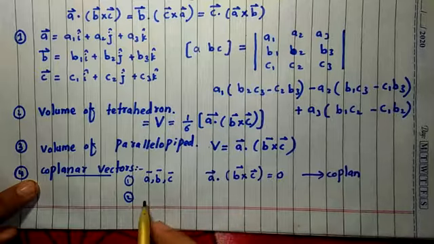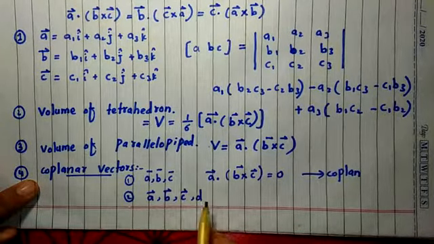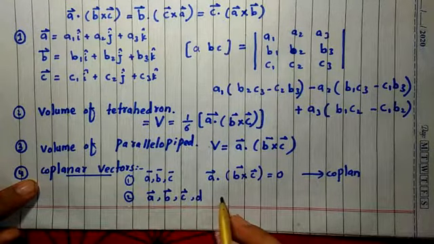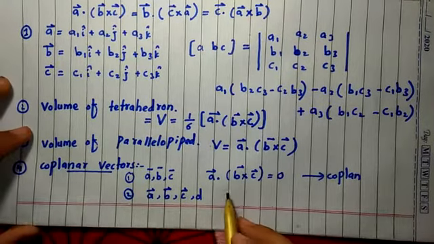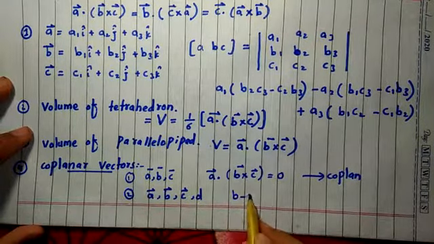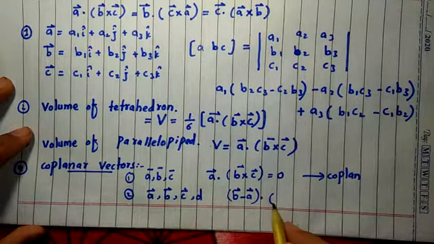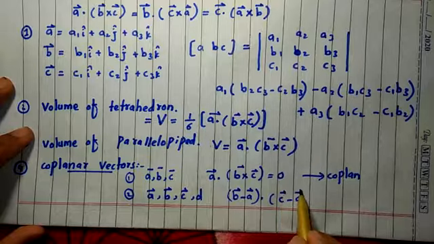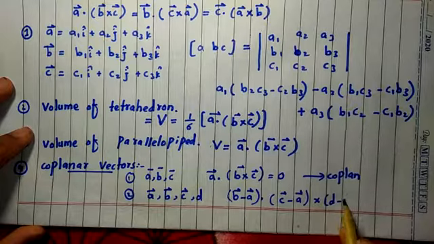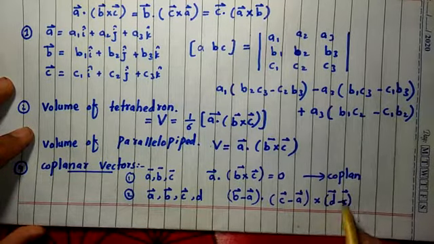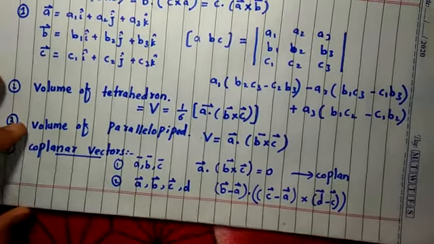Similarly, if we are given A, B, C, D, four vectors, then how we will show that these vectors are coplanar? Simply we will find B minus A dot product with C minus A cross product D minus C. I can put brackets here to show how we are going to solve.